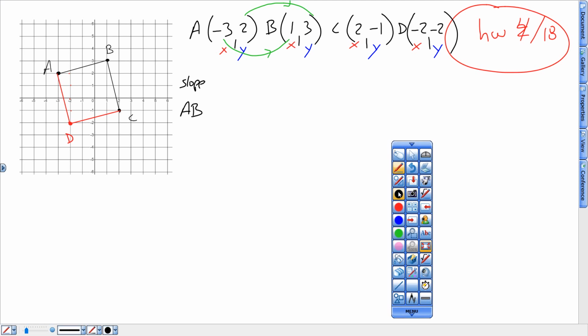So if I do that correctly, A and B, which again I could clearly see is a slope of over 4 up 1, over 4 up 1, 1/4. I should be getting that from getting 2 minus 3 over -3 minus 1. That gives me -1 over -4, which simplifies into 1/4.